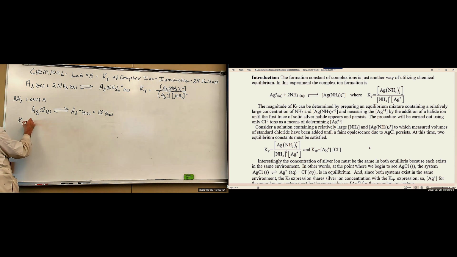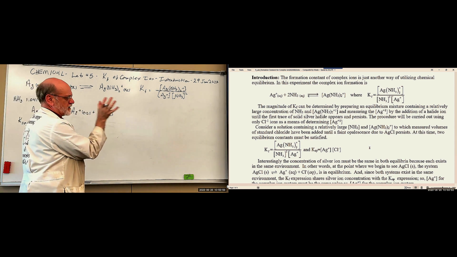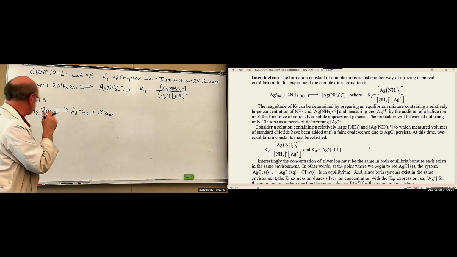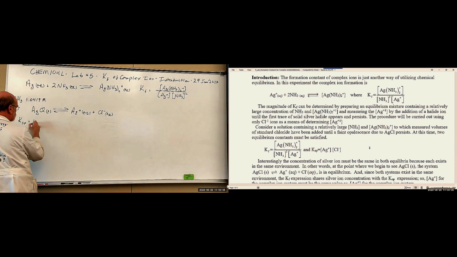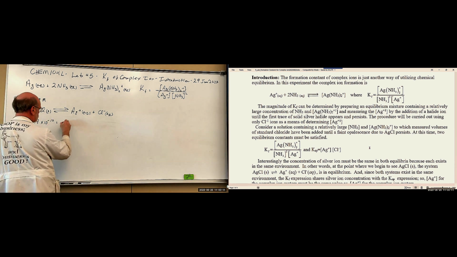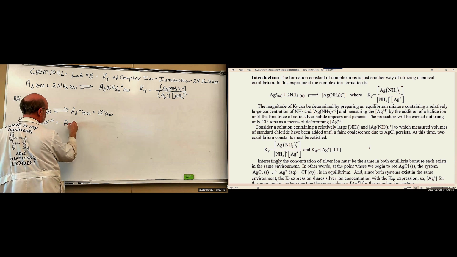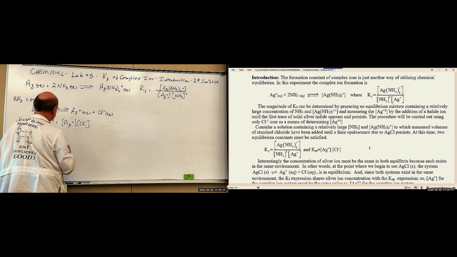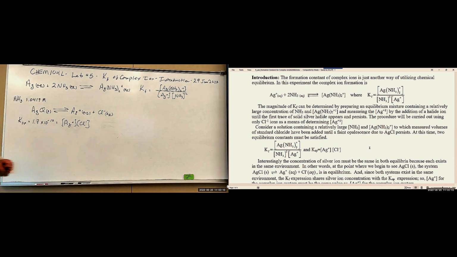The KSP that we used in the slide set was one value. The one that we're going to use for this one is slightly different. The KSP for this one, we're going to use 1.7 times 10 to the minus 10, which is equal to the solubility product of silver concentration times chloride concentration. There we go.